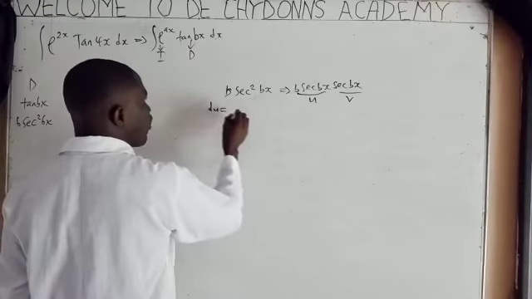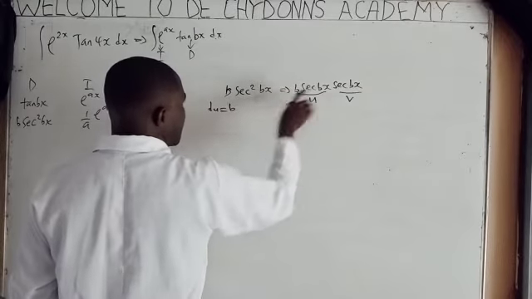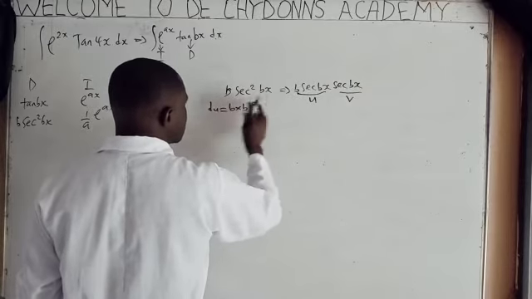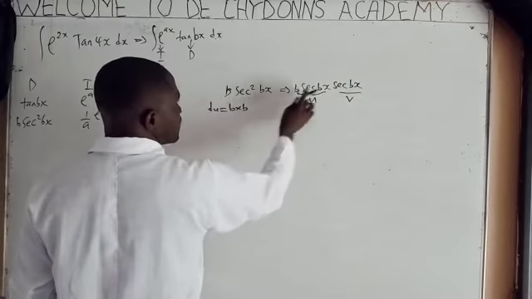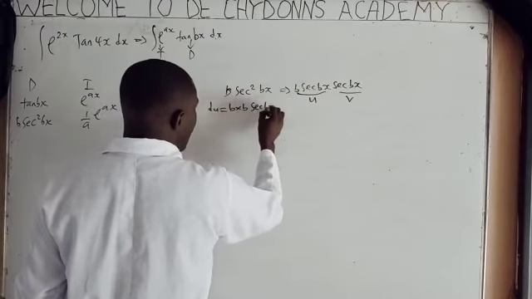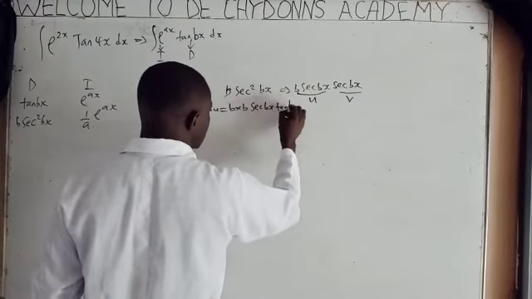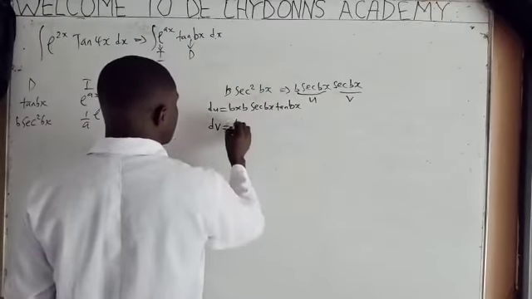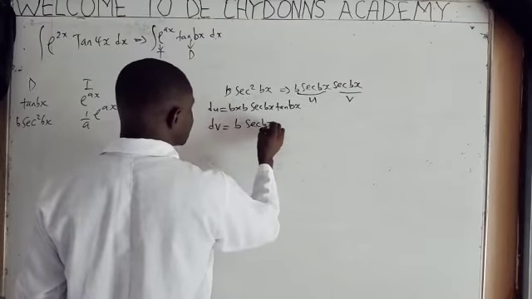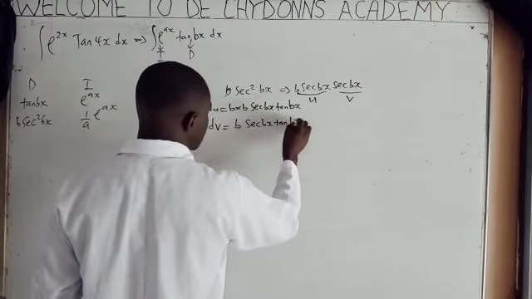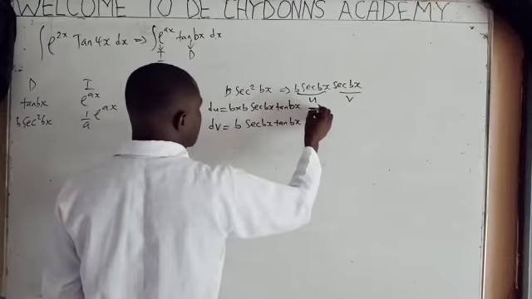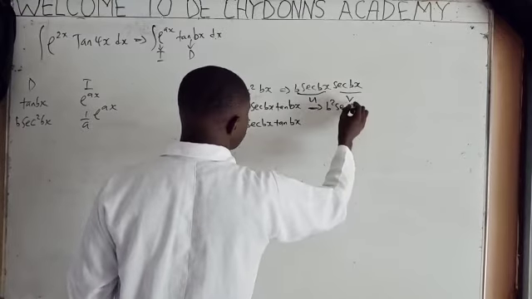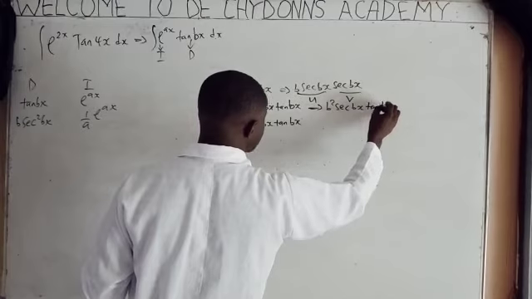Then differentiate u: differentiate sec bx times b, that will be b sec bx tan bx times b. Then differentiate v, that will be b sec bx tan bx. Then this will be giving you b square sec square bx, b square sec bx tan bx.